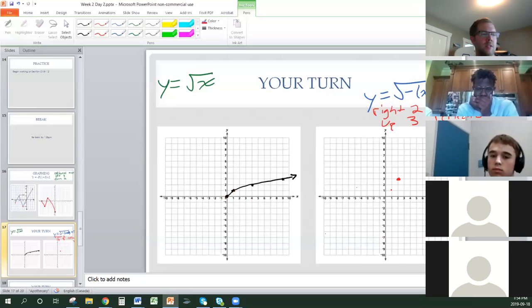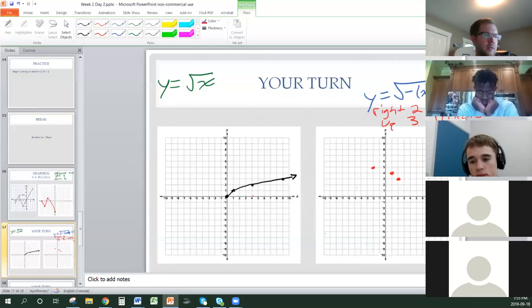And then right 2 and up 3. The next point that I have is 4, 2. And when I reflect it over the y-axis, it becomes negative 4, 2, and then right 2 and up 3.